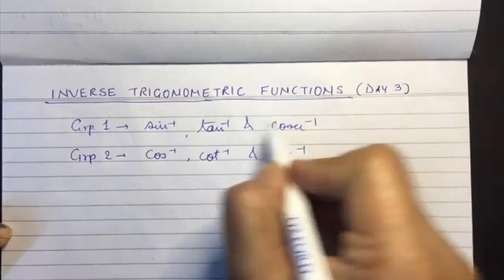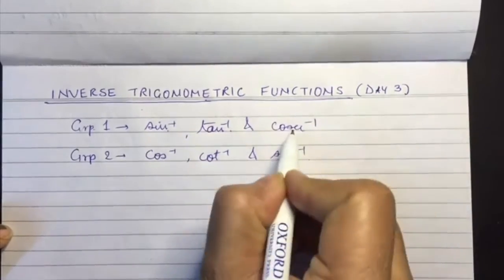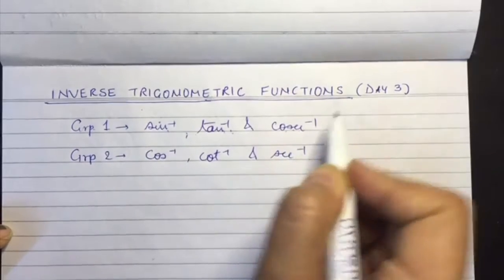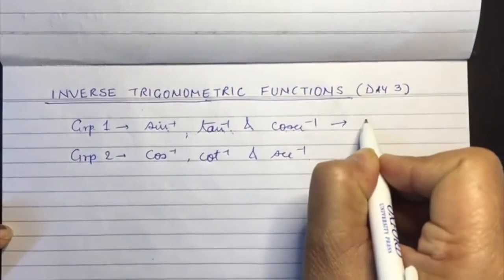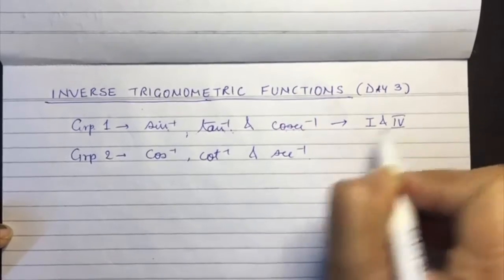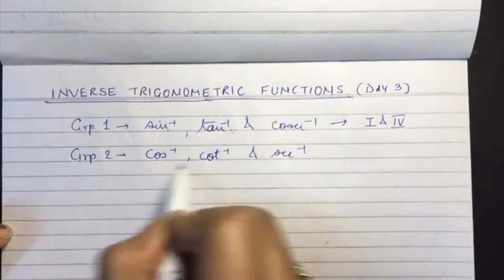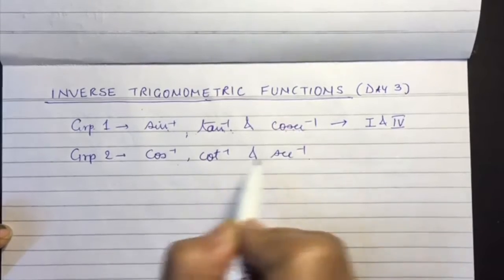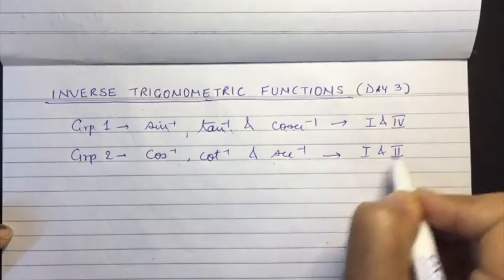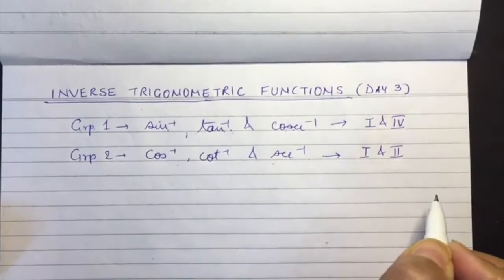We know that all the inverse trigonometric functions which fall in group 1 have quadrants 1 and 4 as their principal range, whereas those in group 2 have quadrants first and second as their principal domains.